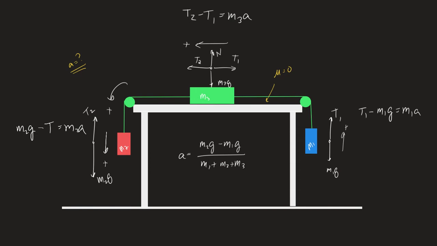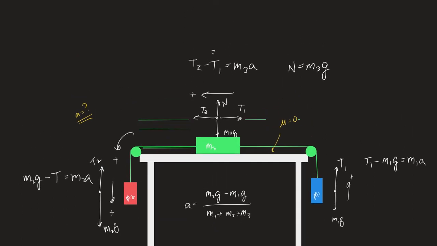And yes, normal equals weight. I'm not sure how useful that is, but I'll write it in there just in case you want it. So this is net force in the x direction equaled M3a. This is net force in the y direction equaled 0.